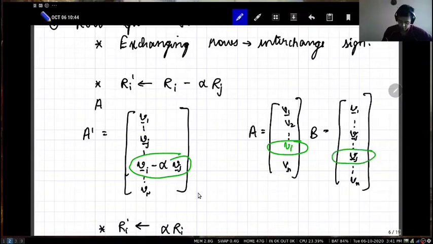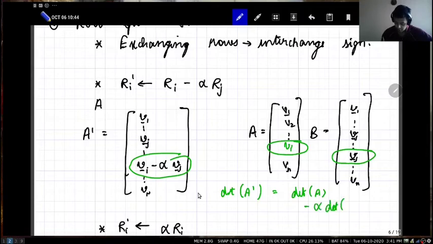So the determinant of A prime is basically a linear combination of the determinants of these two matrices A and B. So this is determinant of A minus alpha times determinant of B.